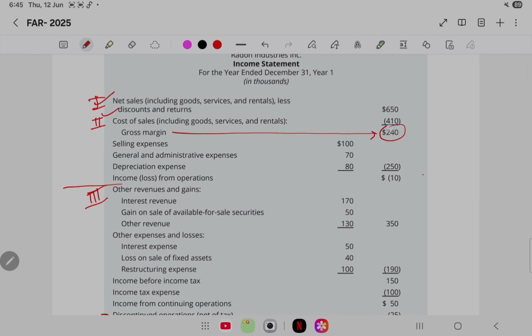This is 240 upon 650, which comes out as 36.9%. What is this? It is the gross profit margin. What is the formula? GP upon net sales.